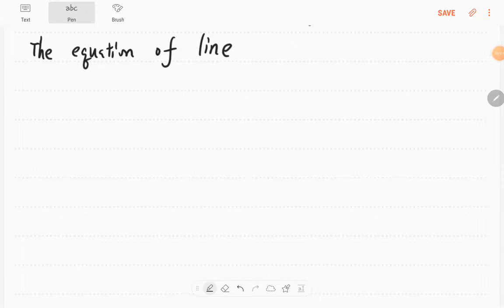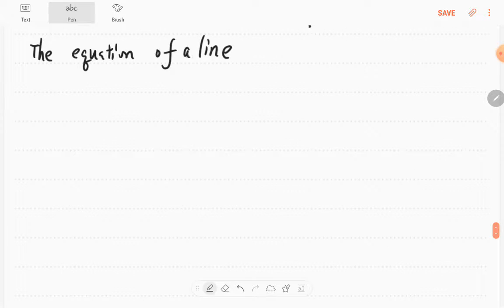Now let's look at the equation of a line. So the first equation of the line is called the point slope form.